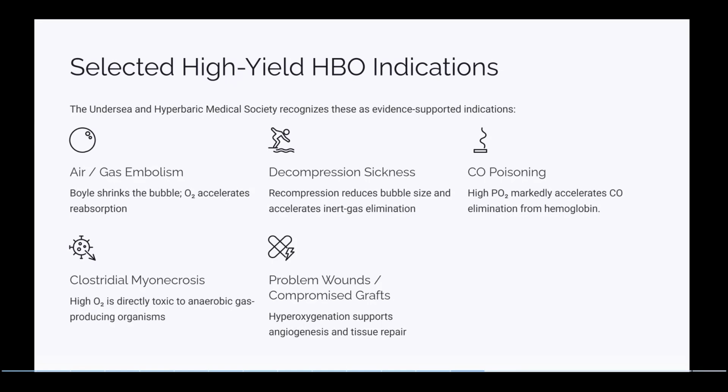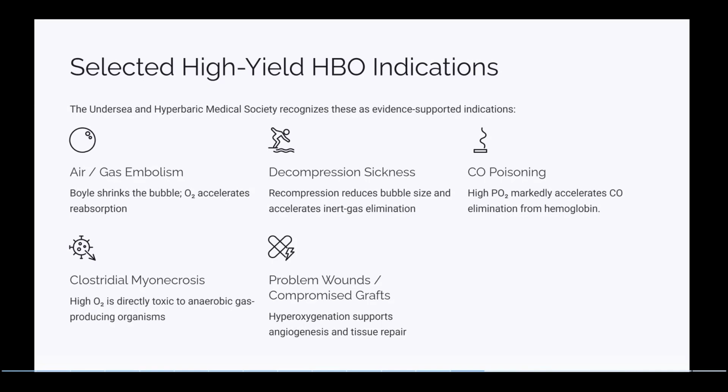And then in toxic exposure, carbon monoxide poisoning, high oxygen pressure speeds up how fast carbon monoxide gets knocked off of the hemoglobin. And then with the anaerobic infection, Clostridial myonecrosis, sometimes they call it gas gangrene, high oxygen levels are directly toxic to bacteria that only survive in low oxygen environments.